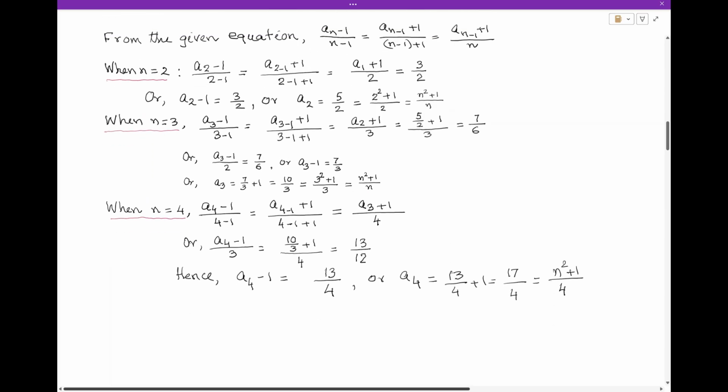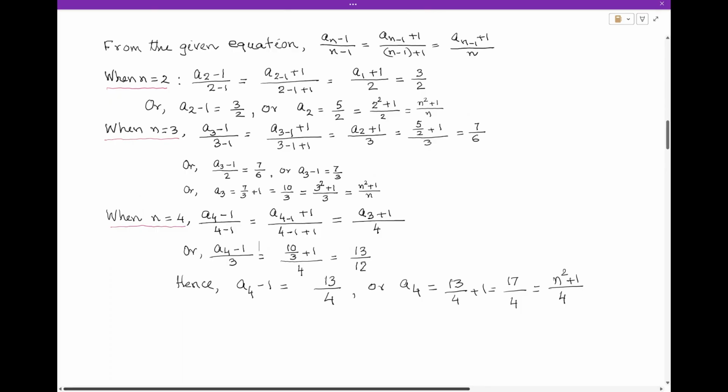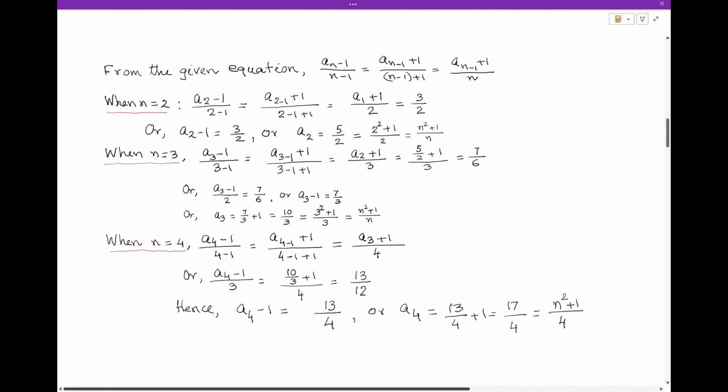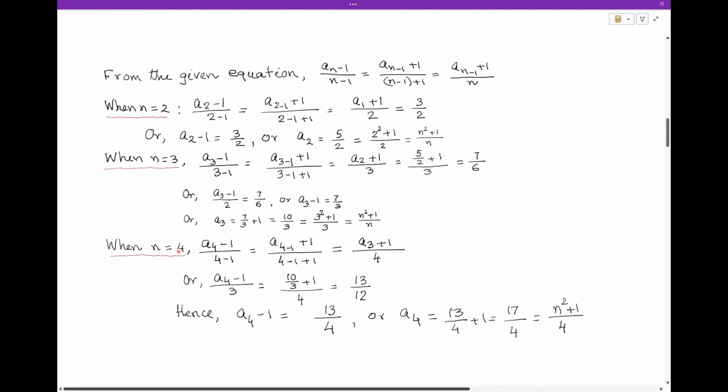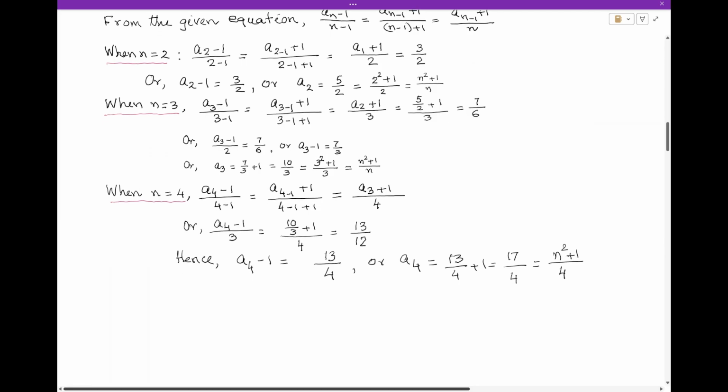Similarly, we can proceed to find the value of the given equation when n is equal to 4. And again we find a4, after following the same steps as before, is equal to 17 by 4, or again (n squared plus 1) by n, where n is equal to 4.